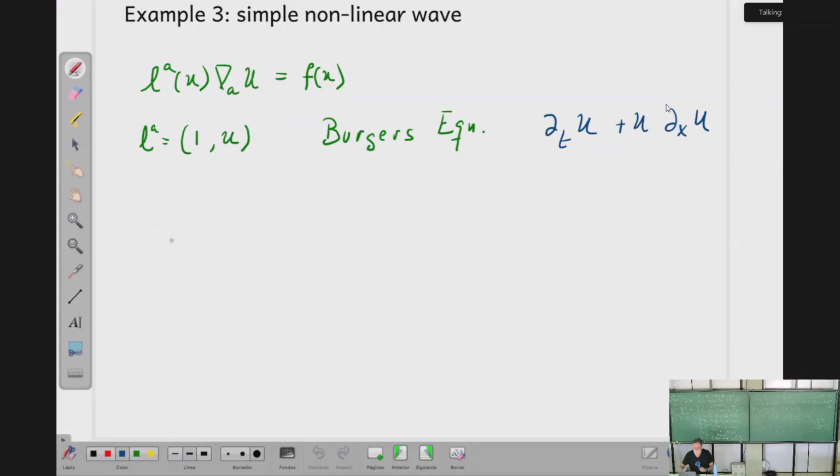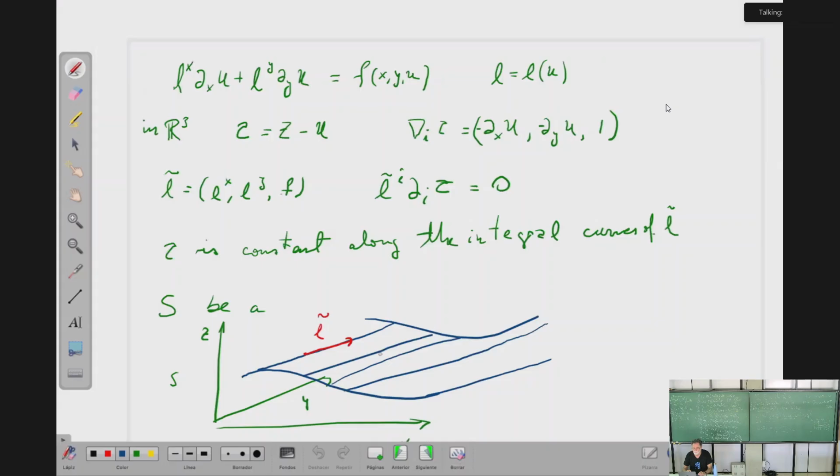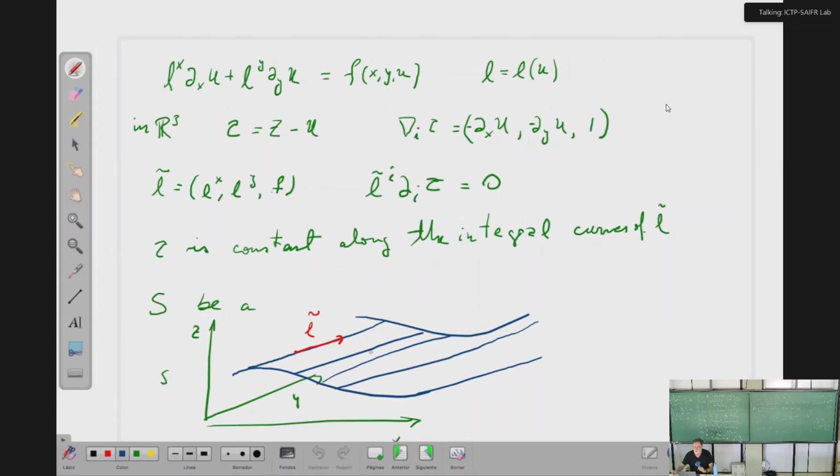Let me do it, and we'll do this after. So let's treat it in 2 dimensions. So we have the vector L and the function f, that is a function that depends on the points, and u. And this is the L of u, right?